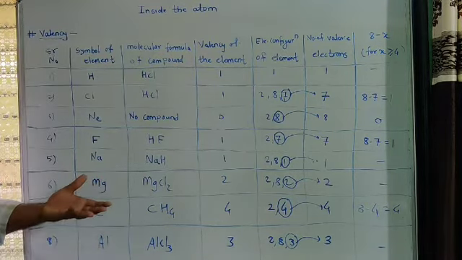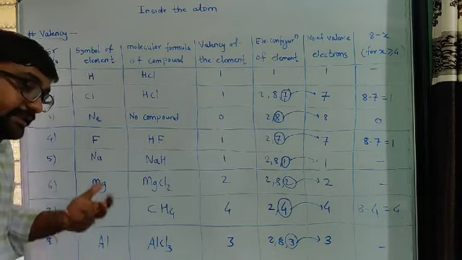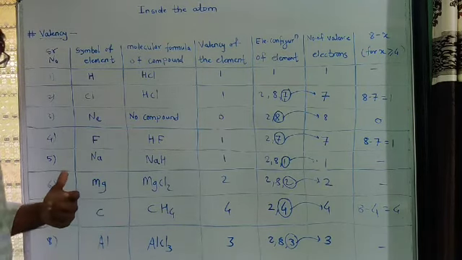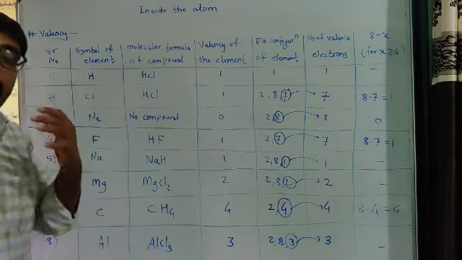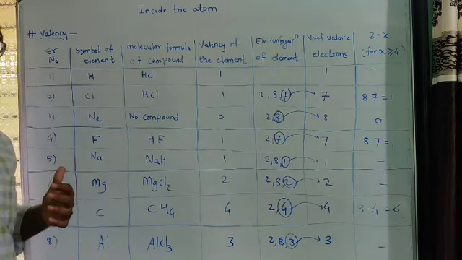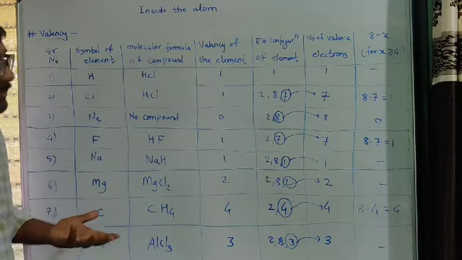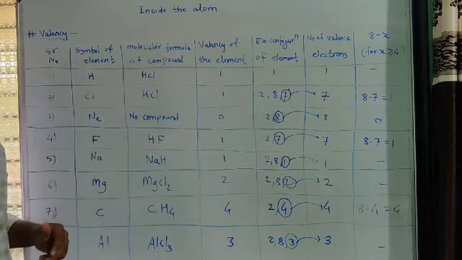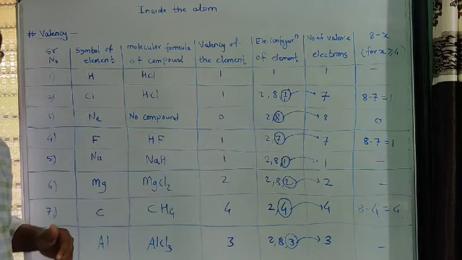Valency is simply a number that lets us predict which element can form a compound with which other element, because elements whose valency numbers match can combine with each other.